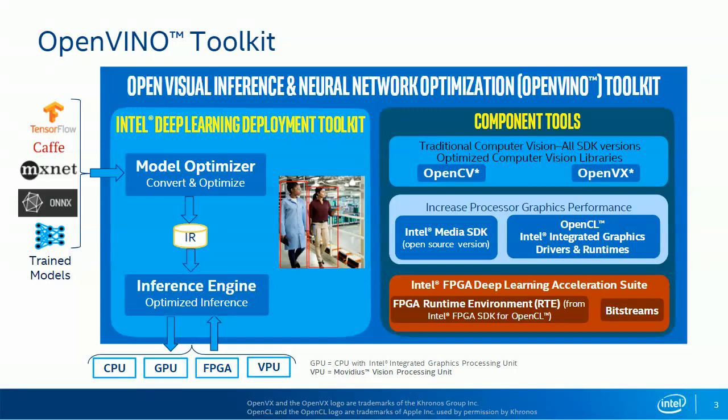The Deep Learning Deployment Toolkit can be targeted for many Intel hardware architectures, which includes the FPGAs. When executing on the FPGA, the software layer part of the DLA Suite is invoked, which programs the FPGA with bitstreams and is built on top of the FPGA OpenCL platform.